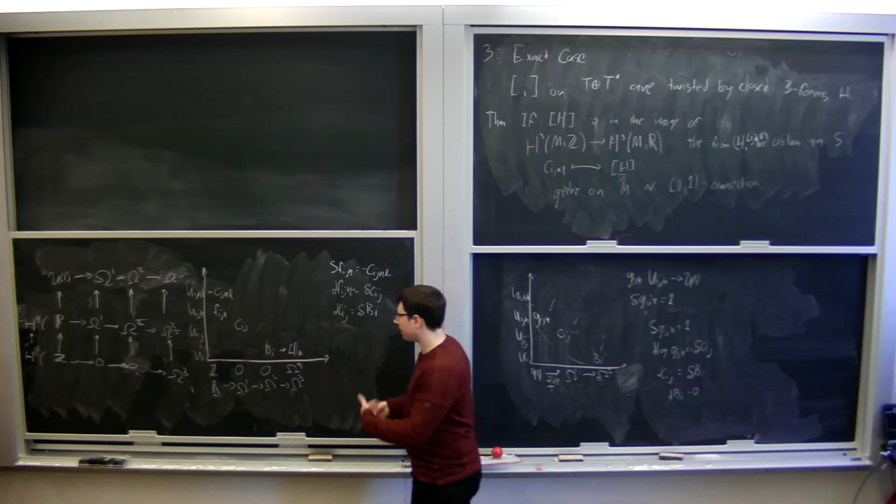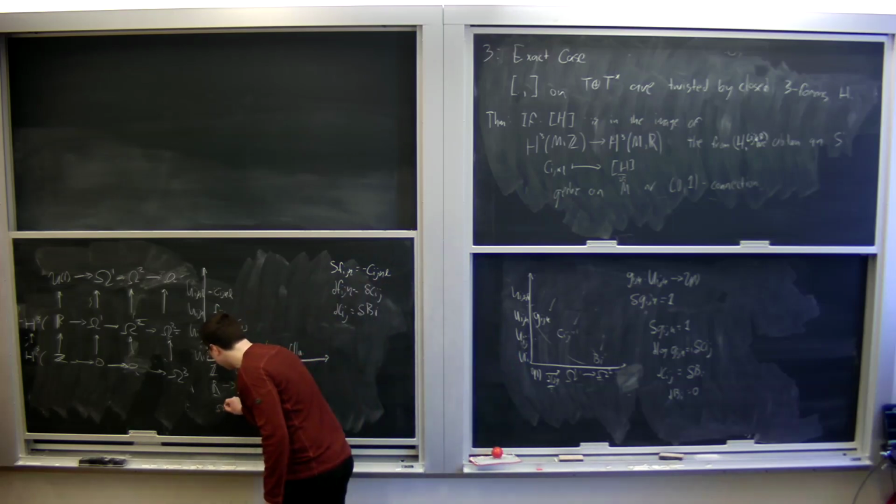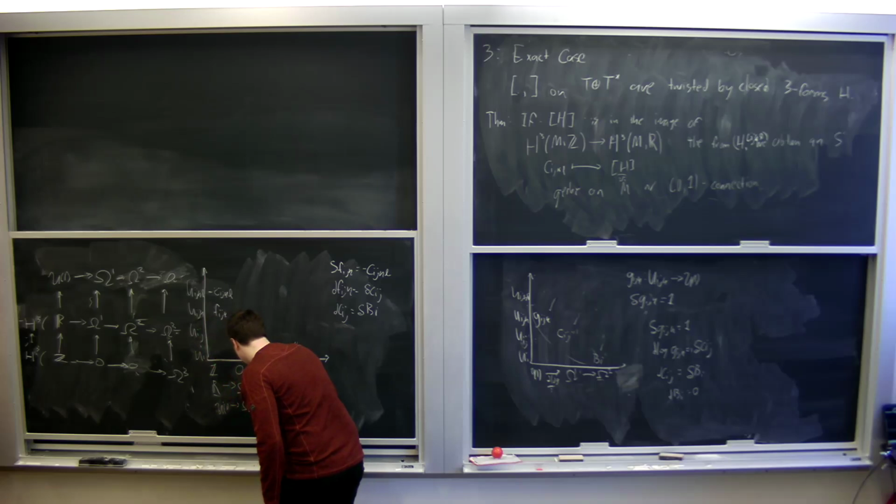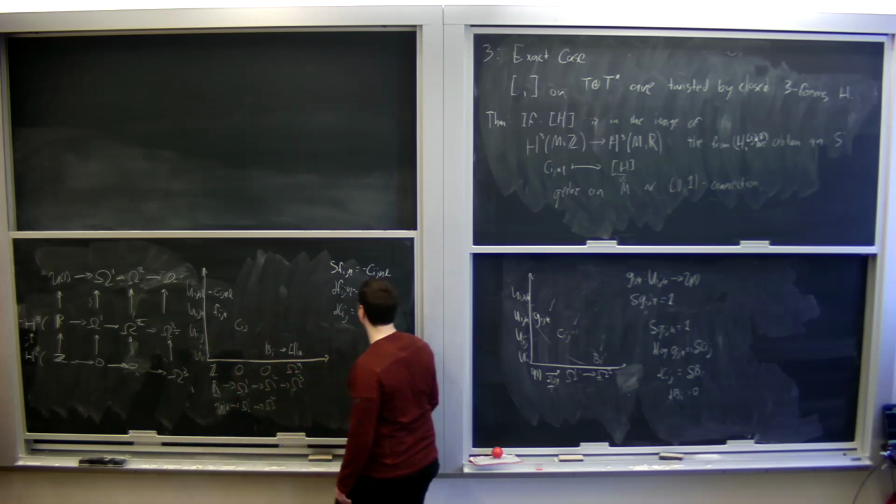Finally, we want to map this forward again into U1, omega 1, omega 2.